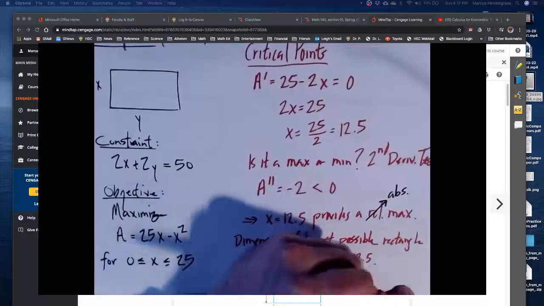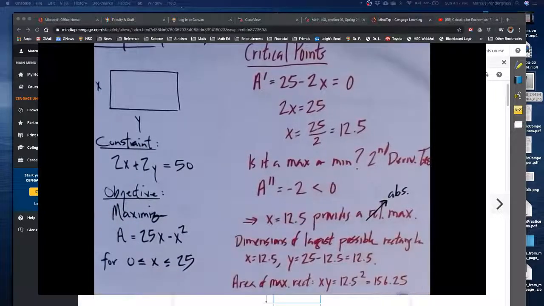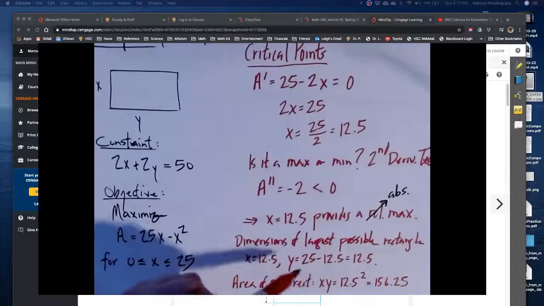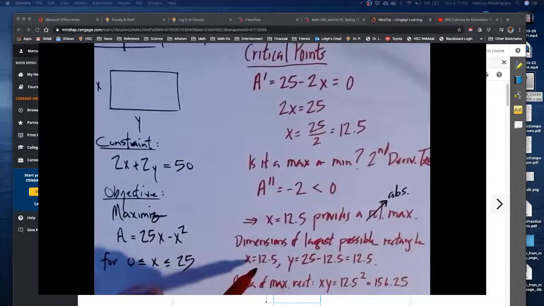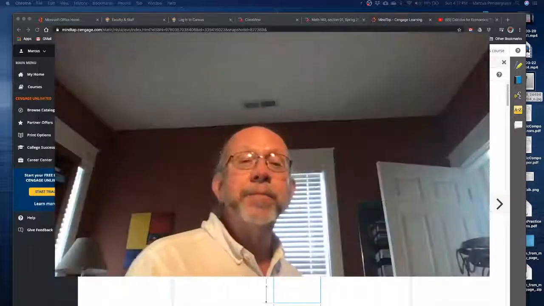So that's going to be 156.25, I believe, if I did that right. So yeah, there we have it. Notice, by the way, that because x and y are equal, the rectangle that gives you the largest area turns out to be a square, which may not be that surprising.